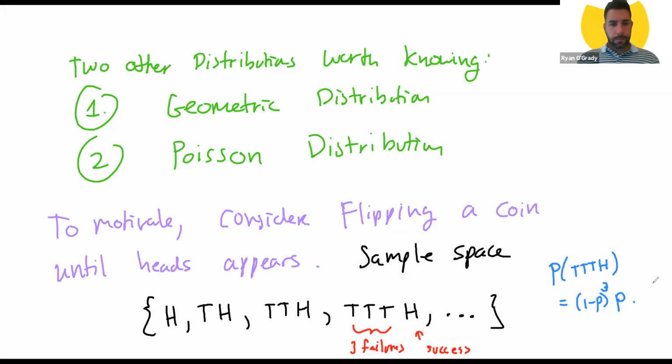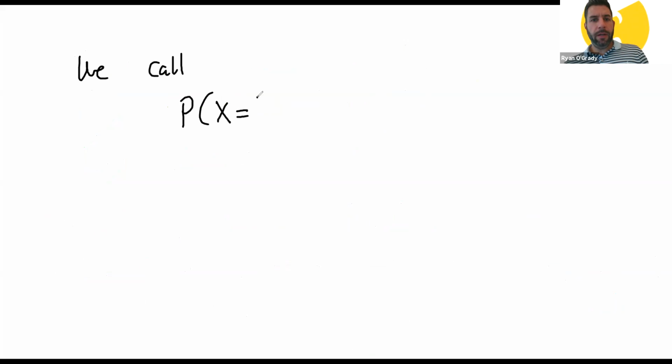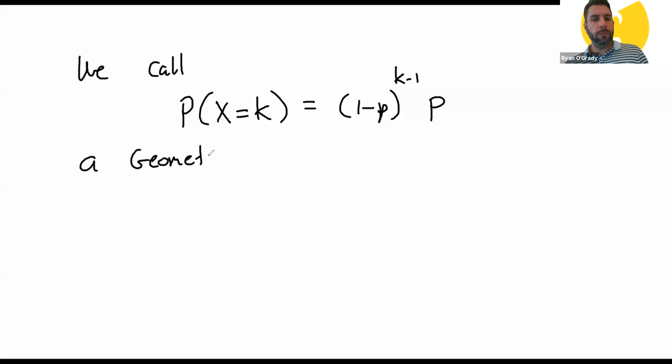So what we say then is we call the probability that a random variable equals k is given by this formula a geometric distribution.